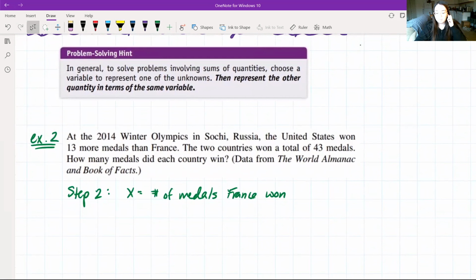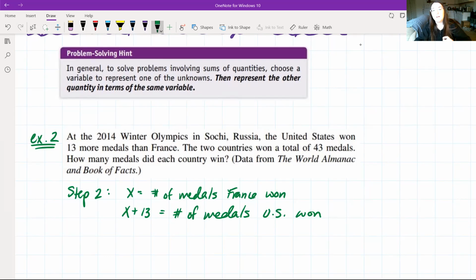The United States won 13 more medals than France. So we take whatever number that France had and we're adding 13. Since we don't know the number of medals that France won, we're just adding 13 to X. So we're going to say that X plus 13 is the number of medals the United States won.